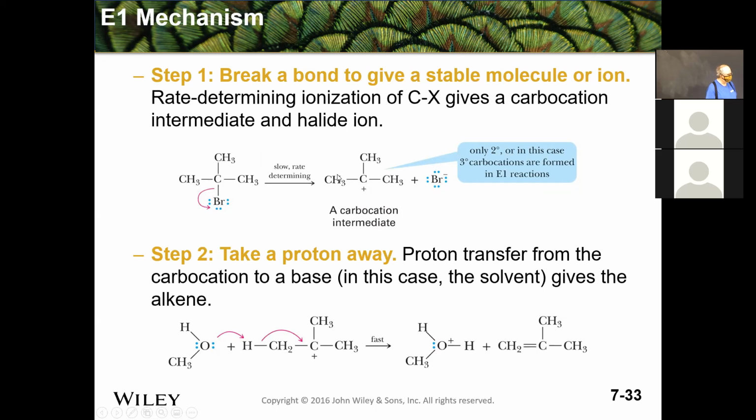We have 9 equivalent beta hydrogens here. Our solvent, they're using methanol, will remove this beta hydrogen, and the pair of electrons in that CH bond are going to move here to form the double bond. So there's 2 steps in the E1.